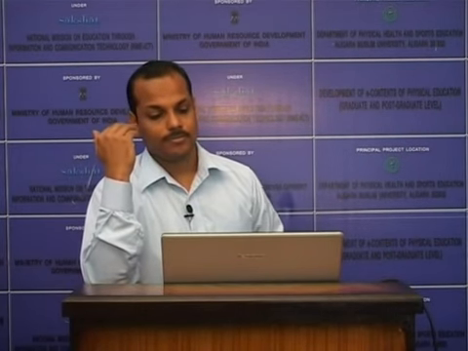Stroke volume is the volume of the blood ejected per beat. That is, end diastolic volume minus end systolic volume is known as stroke volume. So there is end diastolic volume, there is end systolic volume, and the difference between them is known as the stroke volume. Then there is ejection fraction.